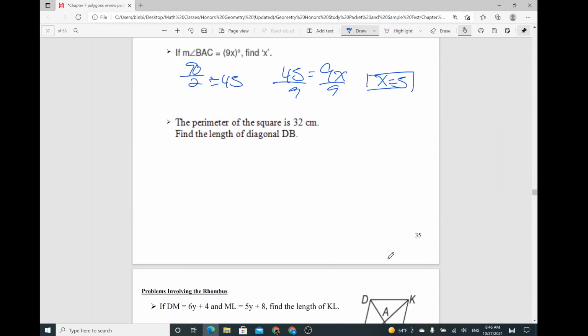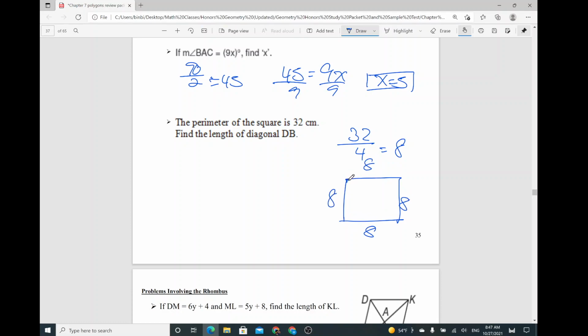So the perimeter of the square is 32. Find the length of diagonal DB. So 32 divided by 4, because there are 4 sides if that's a square, which is 8. So we got 8, 8, 8, and 8.